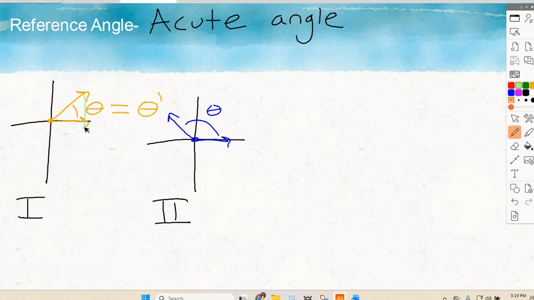Pretending that my orange angle and this blue angle are in the same spot in the first and second quadrant, would we agree that if I drew a line there, this orange triangle equals my blue triangle? It's just been reflected. Agreed? All the side lengths and stuff like that would all be the same. And so that's the part where we're going to be able to refer back to, is that as long as my triangles are the same, all the other stuff is going to be the same.